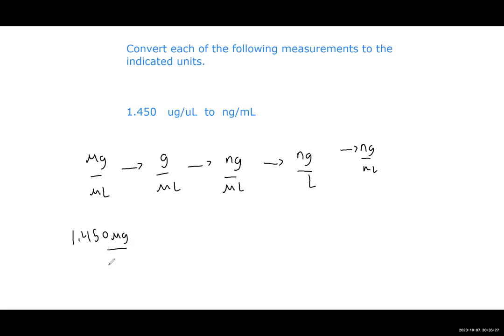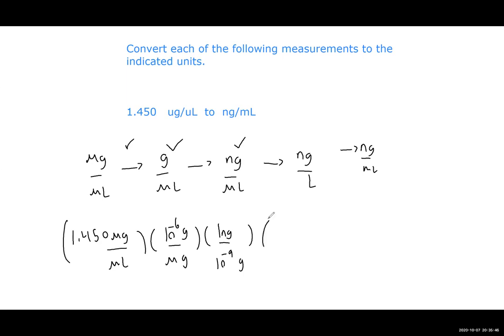So with this solution map established, we have 1.450 microgram per microliter. We know that there are 10 to the negative 6 gram per microgram. And we know in 1 nanogram, we have 10 to the negative 9th gram. So we've checked off this first conversion. Now we're going from 1 over microliter to 1 over liter.